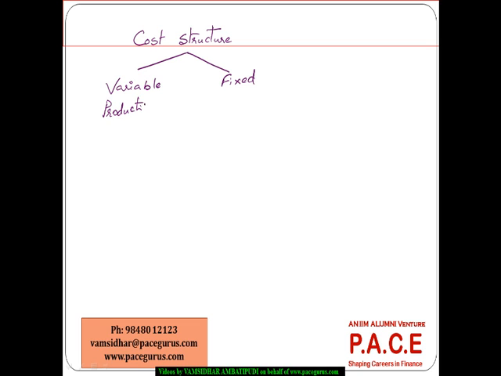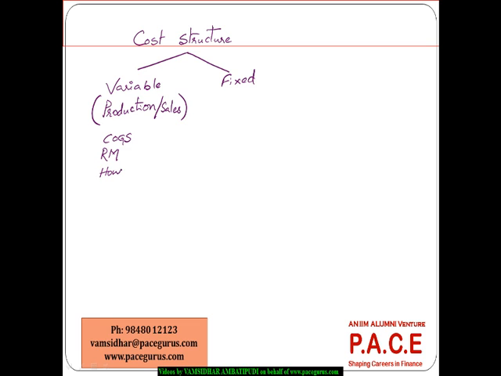They are more related to production and to the units getting sold. So they can be associated with the number of units produced or sold. For example, cost of goods sold can be linked directly with the number of units that are getting sold. Raw materials that are purchased can also be linked with the number of units getting sold.